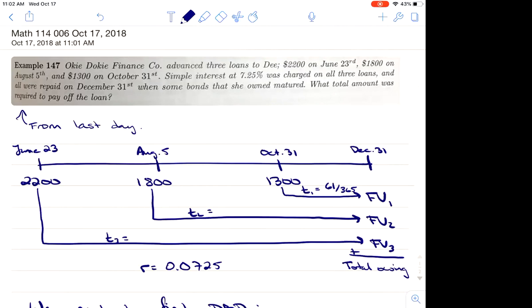So we need to first calculate the time for each of these lines, or these arrows, and then we can calculate the future values, and then we can add those all up to find how much she has to pay in total on New Year's Eve.